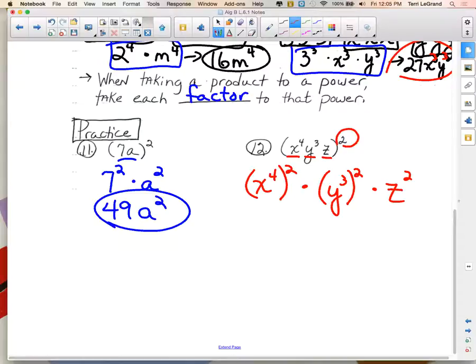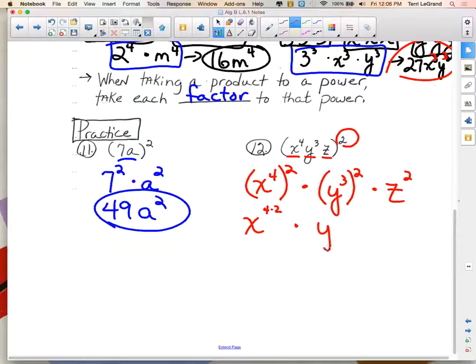Now we look and we say, do we have any other properties that need to be applied to continue simplifying this? What do we have here when we have x to the 4th power raised to the 2nd power? We're taking the exponents times each other. So we're taking a power to a power, and what do we do when we take a power to a power? We multiply it. And is this a power to a power here, the y's?